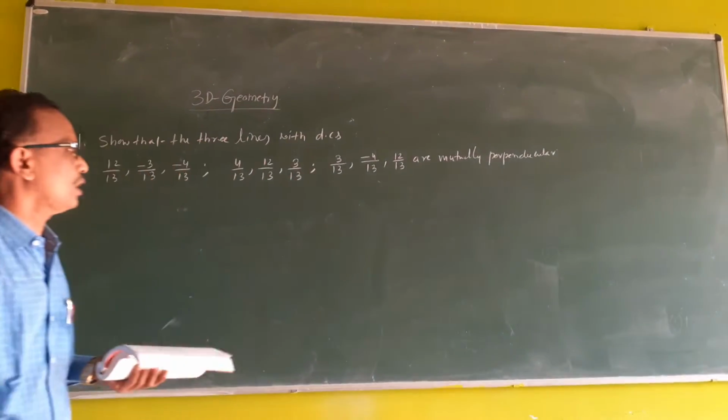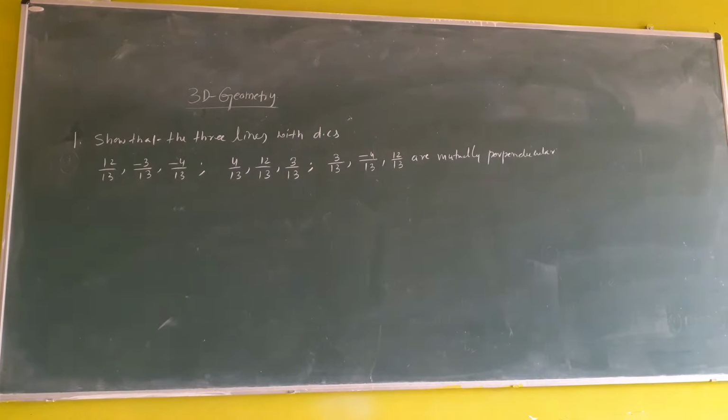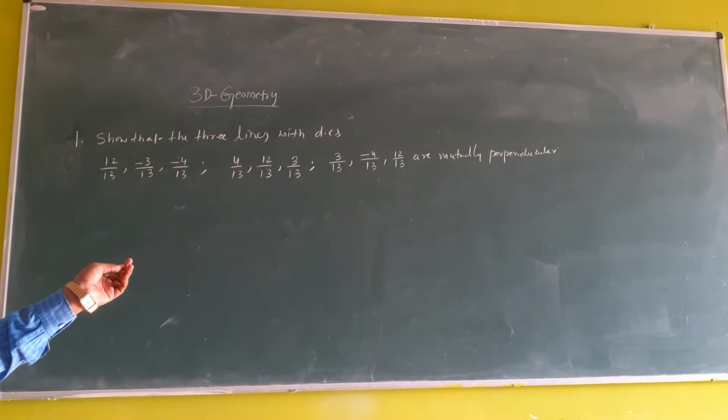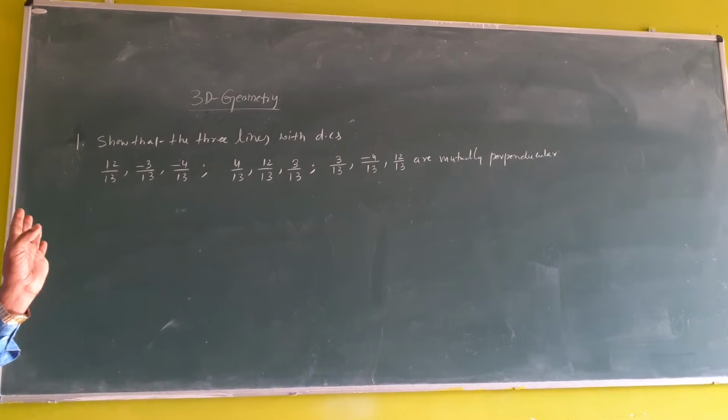Right. So how to show that these lines with direction cosines are mutually perpendicular?